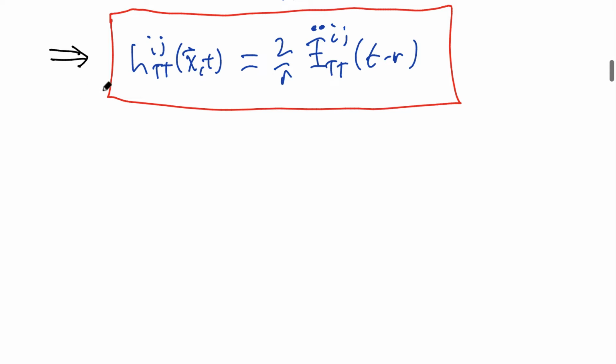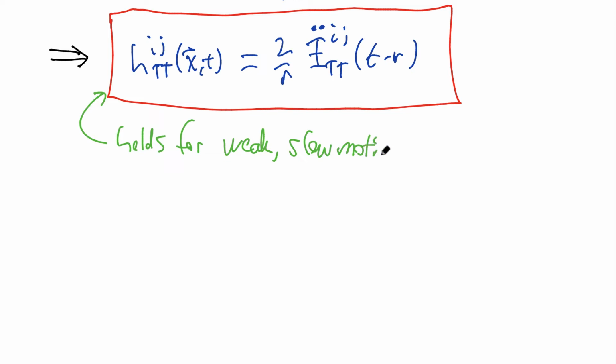And this result holds for any weak, slow motion source. In particular, it holds for what I called in the previous lecture case number 1 sources that have negligible internal gravity, and it also holds for what I called case number 2 sources that have non-negligible internal gravity.